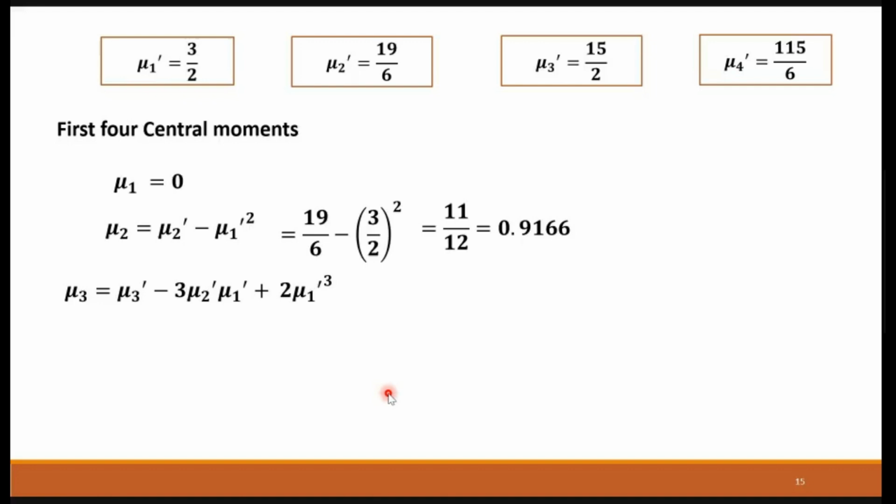Anybody has got the mu3 value? Harsh has got. Okay, Harsh has got a different one. Tejas has got a different answer. What about others? Vish has got 0. Okay.